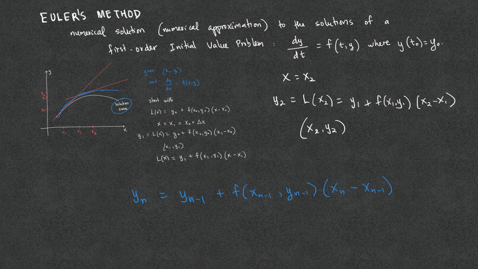At any point, we need to know the previous point. y sub n equals y sub n minus 1 plus delta x times f of (x sub n minus 1, y sub n minus 1), since x sub n minus x sub n minus 1 is delta x. This process to estimate y sub n is called Euler's method.